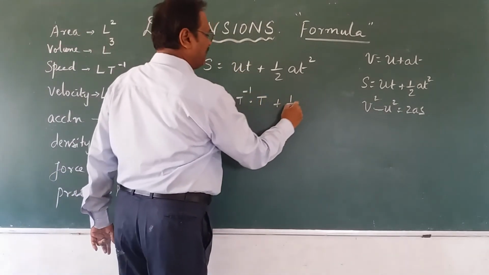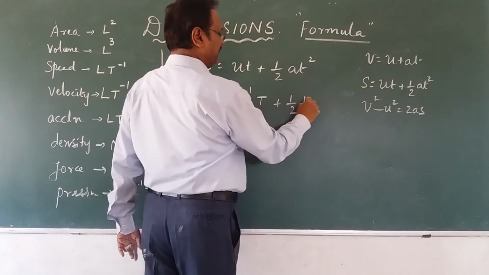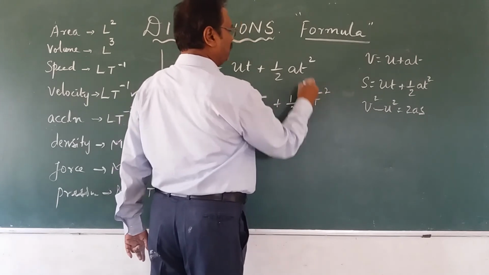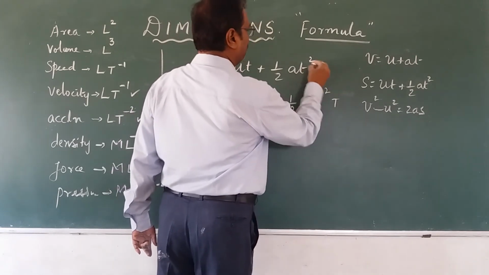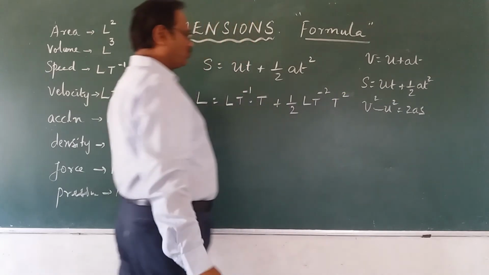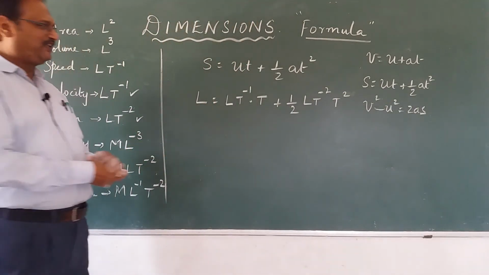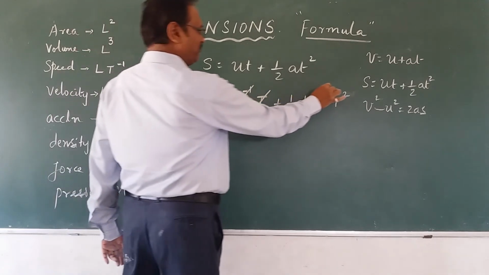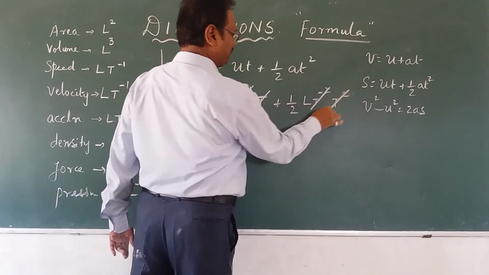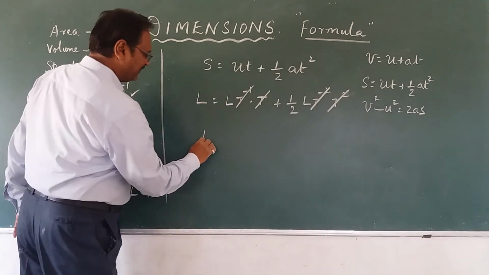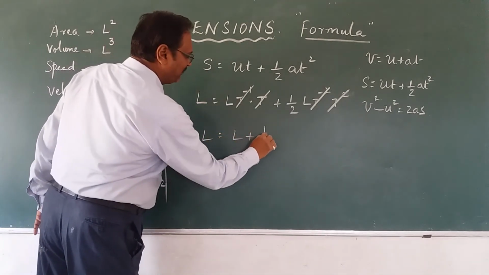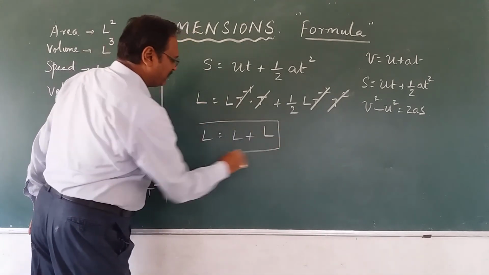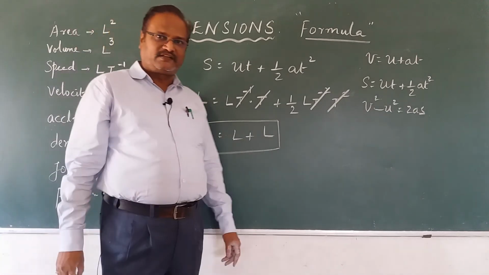Plus half a, acceleration, L t power minus 2, and time is t power 2. T power minus 1, t power 1 is cancelled, t power minus 2 and t square is cancelled. So simply we say L is equal to L plus L, and the equation is dimensionally correct.